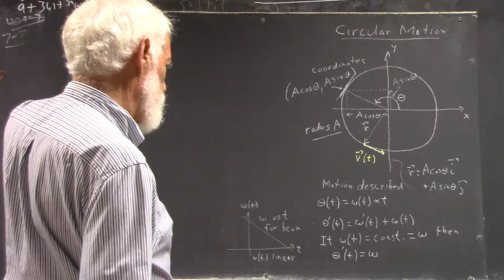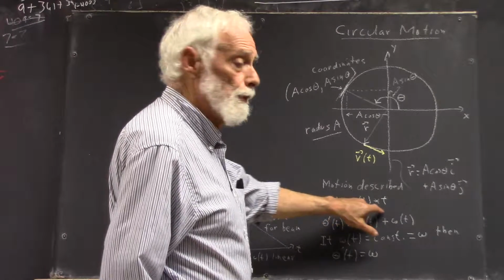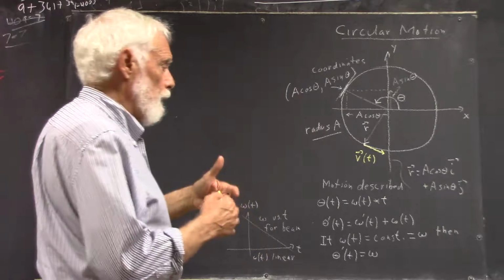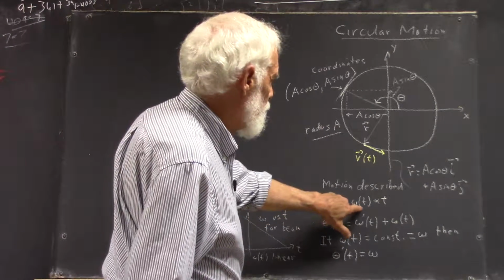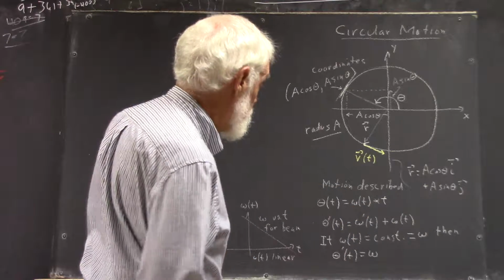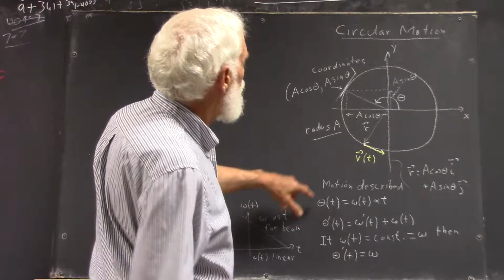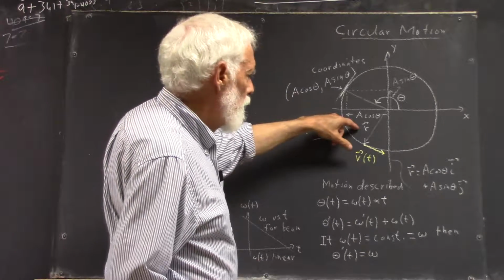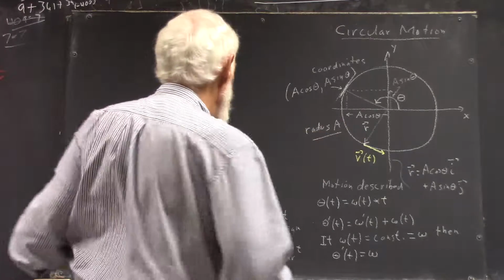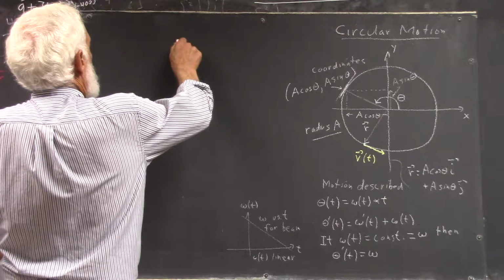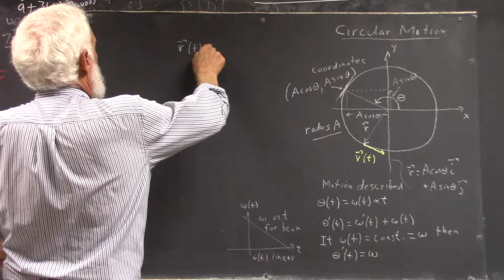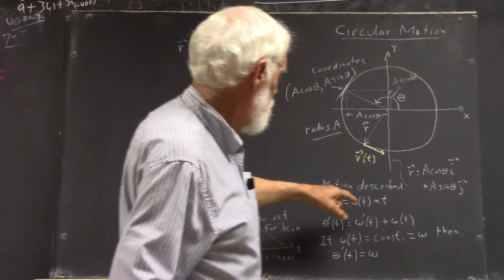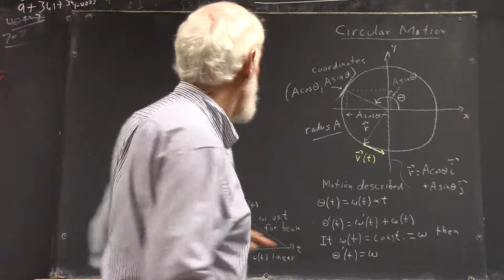Now let me back up. I should have said that theta of t equals omega of t times t, which we can abbreviate as theta equals omega t, but if omega is a function of t, we might want to write the t dependence to remind ourselves of that. Well, our position r of t, r is a function of t, and I said it's a cosine theta i plus a sine theta j, but now theta is some function of t.